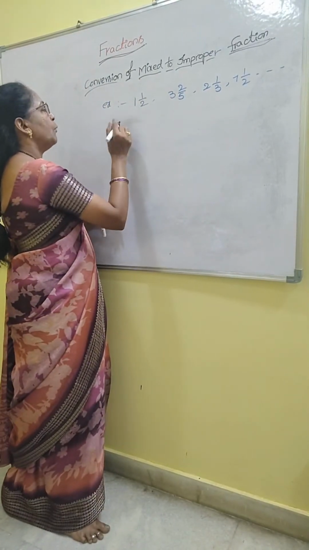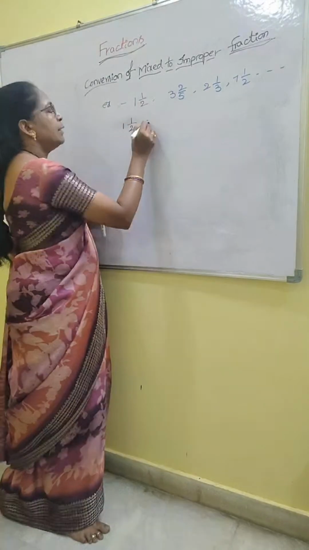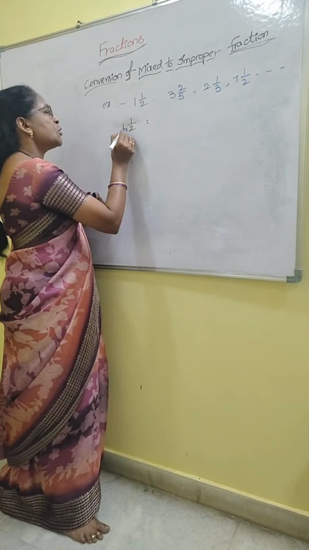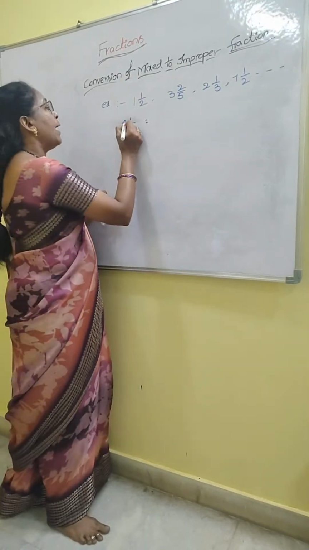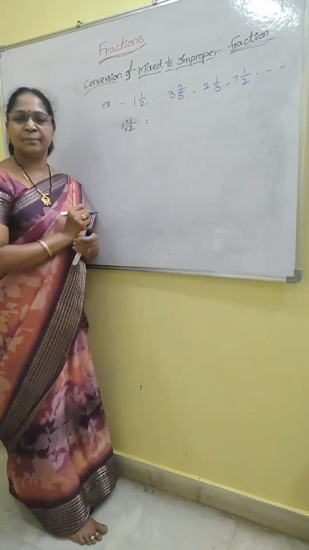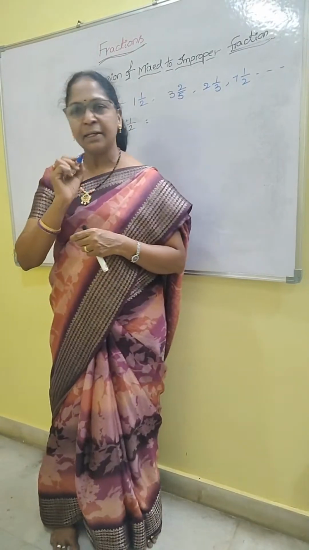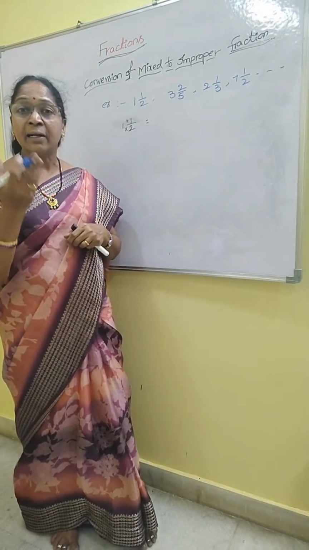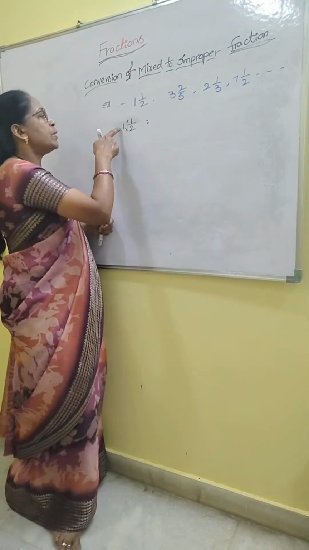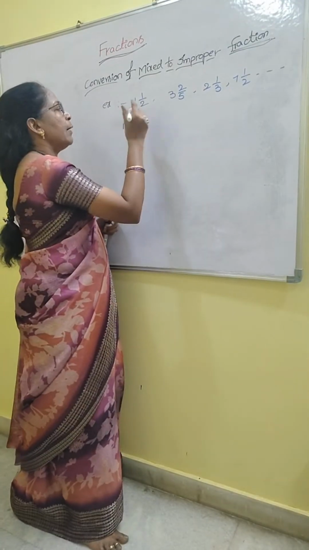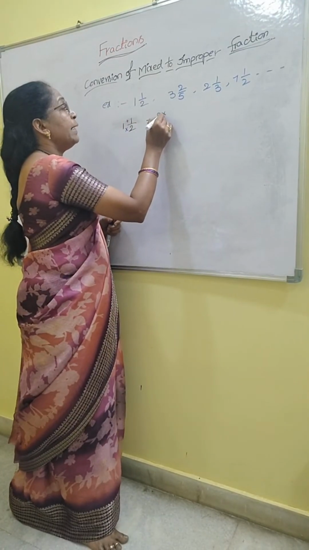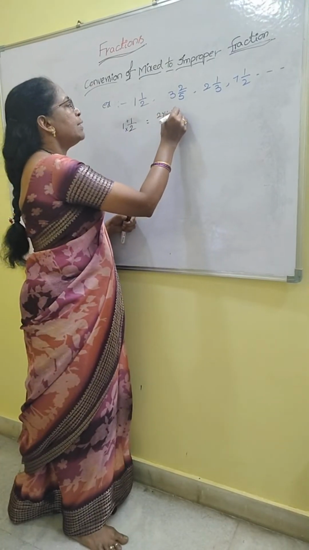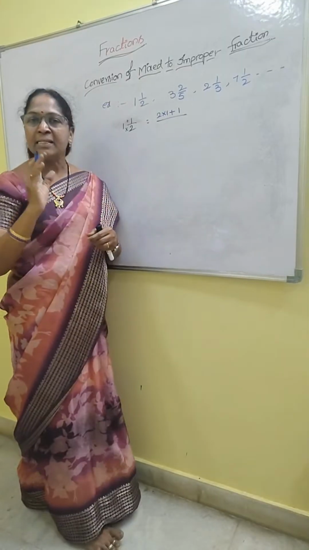1 1 by 2, what do you have to do? Just multiply these two and add the numerator value. That is the basic procedure that you have to remember. That means 2 ones are 2, and 2 plus 1. Just writing here for clarity: 2 ones are 2 plus numerator 1, divided by the denominator as it is.